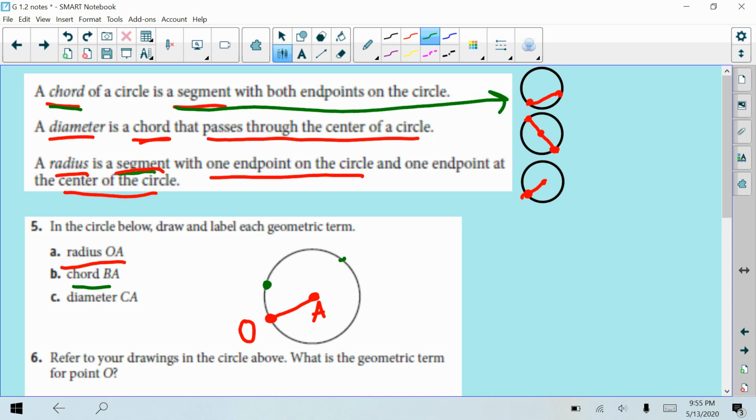So if I did this, that's a chord, but I already have an A here. So I can't do that. Could I do this? Is that a chord? No, because A is not on the circle. So what happens is, why don't we go ahead and flip these letters?